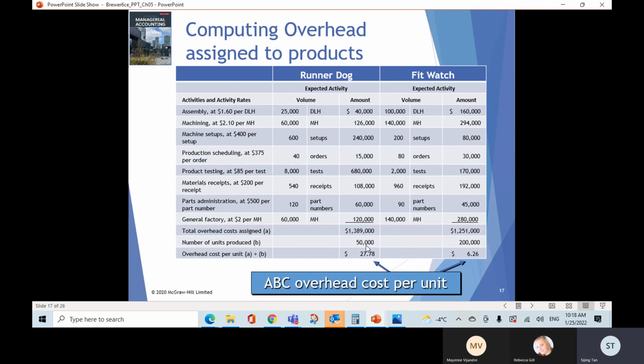Use A divided by B, you have overhead cost per unit. So the overhead cost per unit, $27.78 for the runner dog. And for example, we already know how the calculations work, right? Just following the rules. Now, when we finish all those overhead costs per unit, you can see the next step.